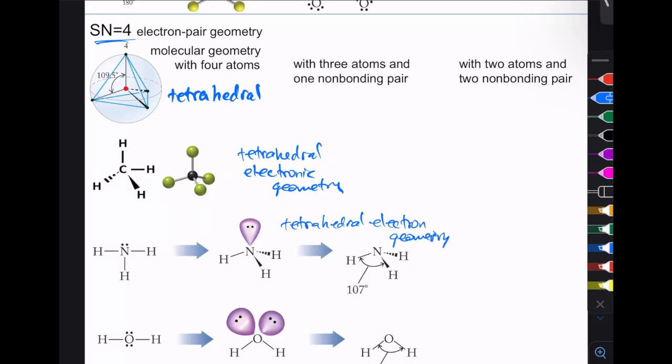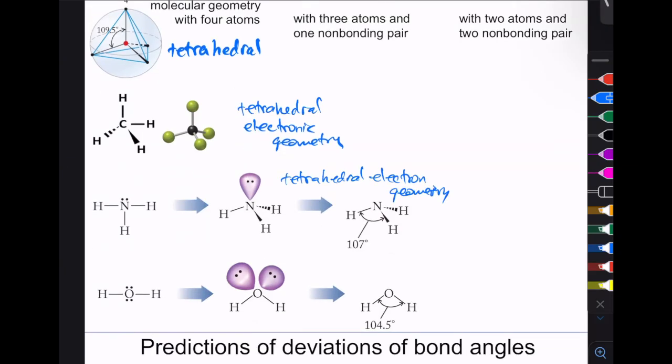And yes, I'm even going to take the time to write it down here for water, because look what we have with water. Look at the Lewis structure for water. It's got 1, 2, 3, 4 packages of negative charge that are all going to distribute themselves as far away as possible from the central atom, in this case, the atom being oxygen. So it's still going to be tetrahedral electron geometry.